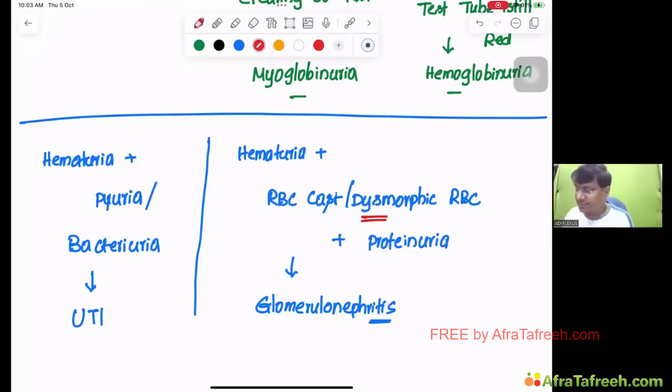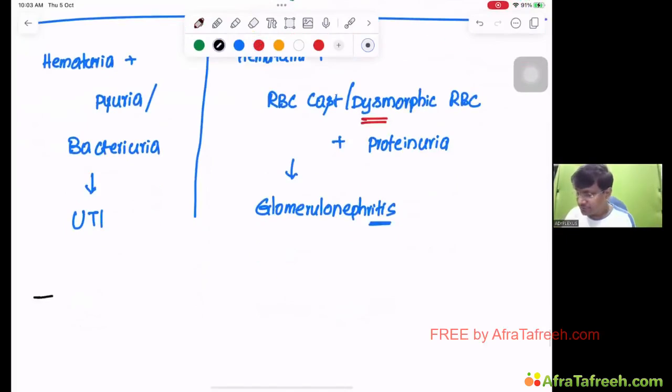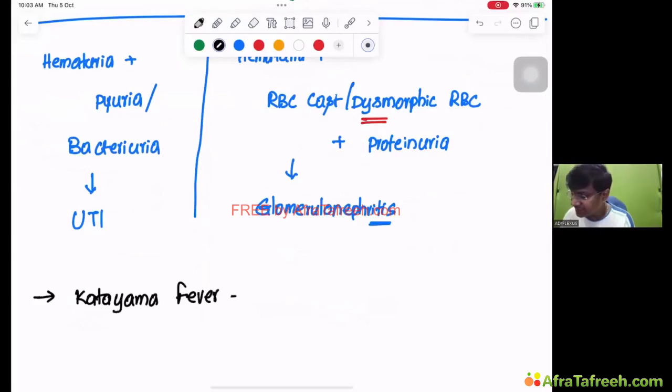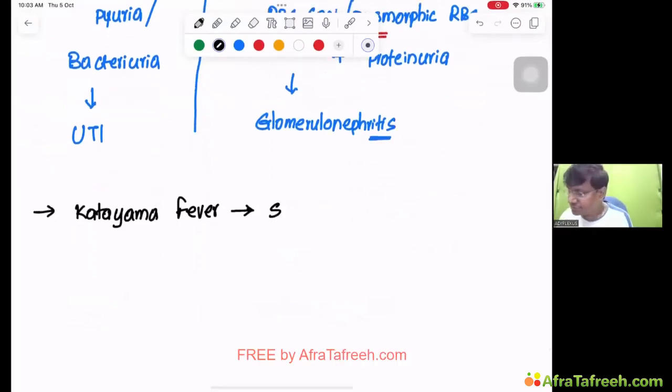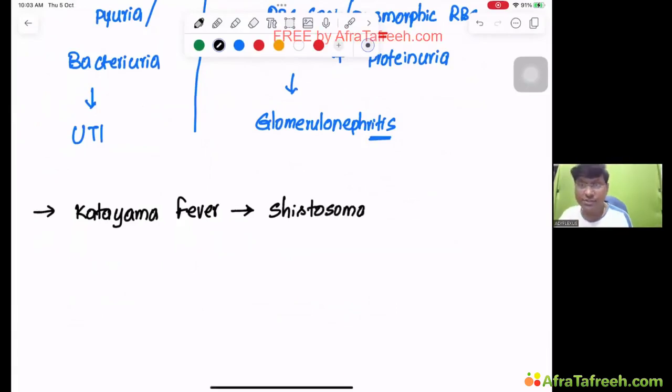And I'll give you another scenario. Does anyone know what you mean by the word Katayama fever? What are the scenarios where you get this Katayama fever? Very good, Jacob. That is in case of Schistosoma, acute schistosomiasis. You get the Katayama fever. So this Schistosoma infection can cause hematuria.